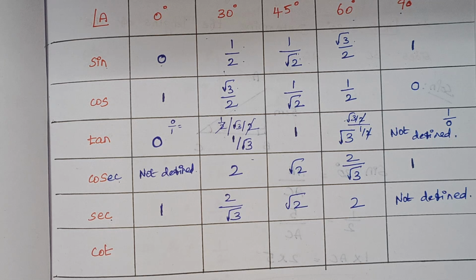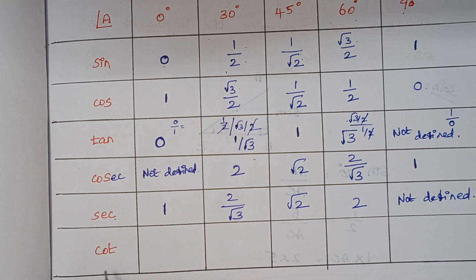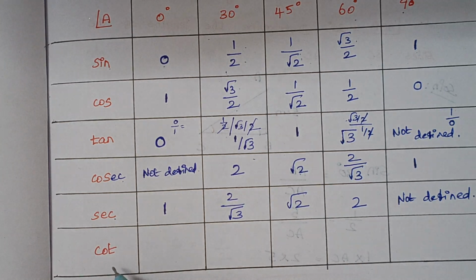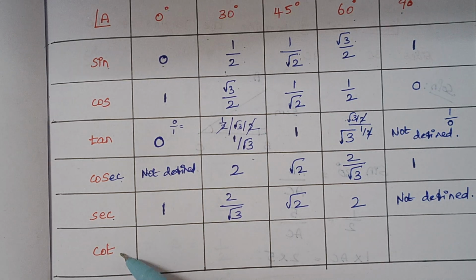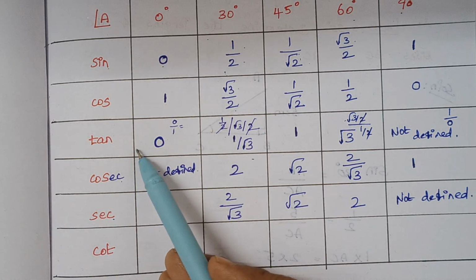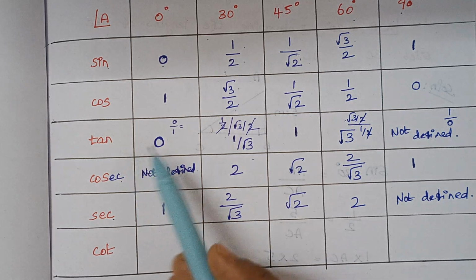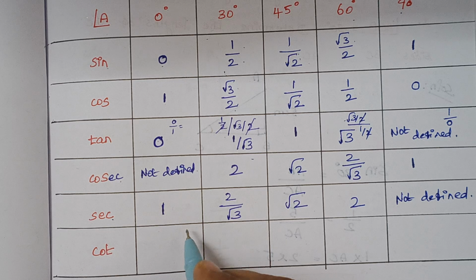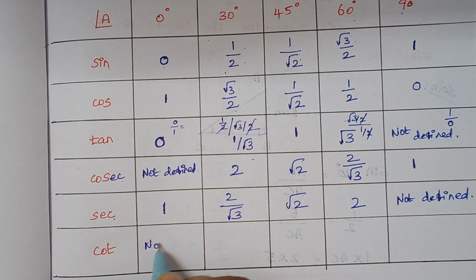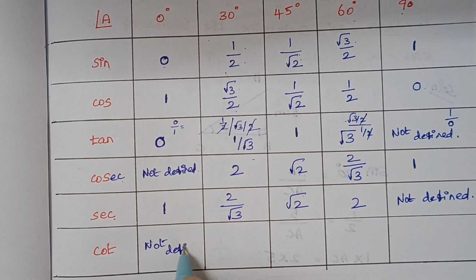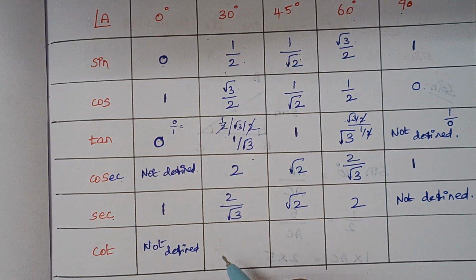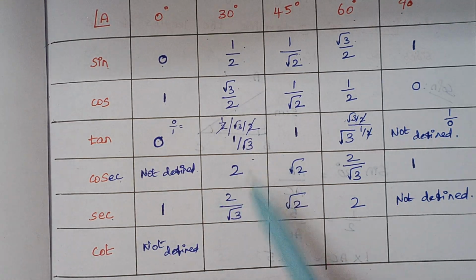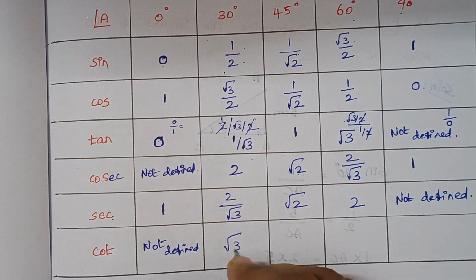Right? Now finally we are going with cot theta. Again the same thing, cot theta is the reciprocal of tan theta. Here it is 0, so 1 by 0 becomes not defined, since anything divided by 0 is not defined. Right. Now the next thing is 1 by root 3, the reciprocal is root 3.